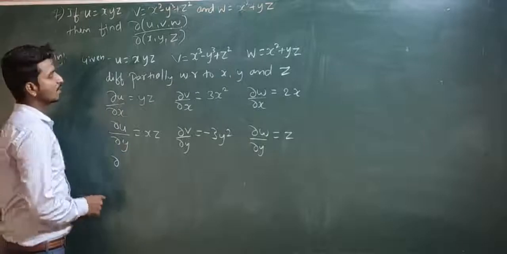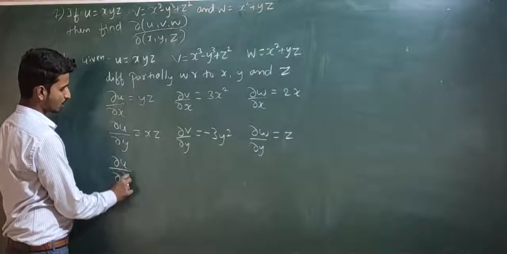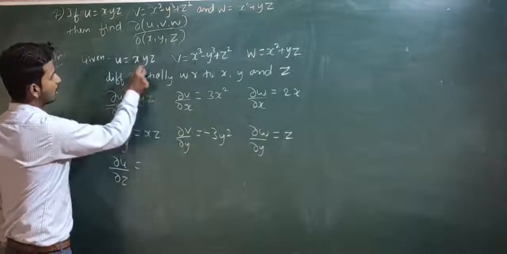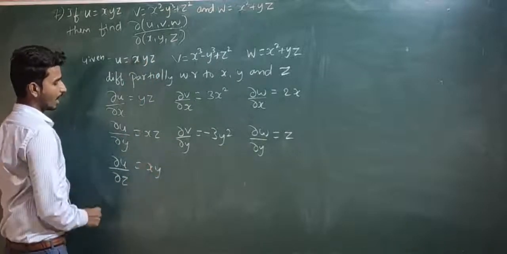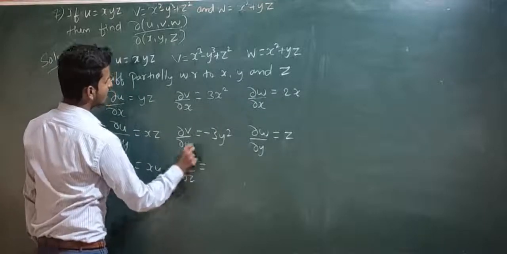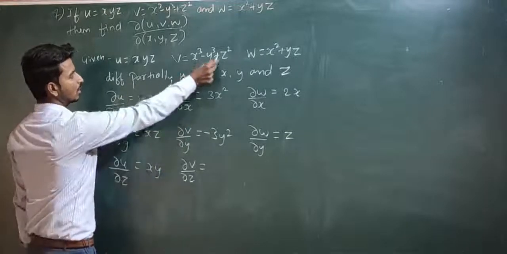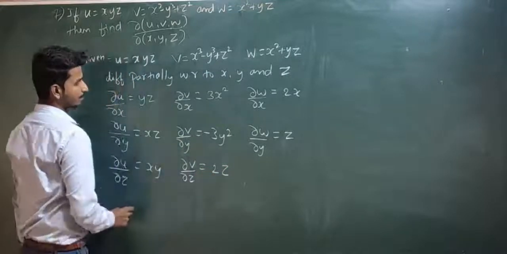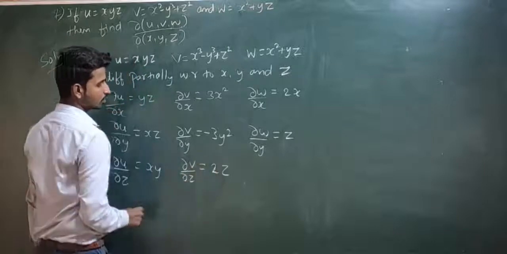Next we will differentiate with respect to z, that is ∂u/∂z. Here we are differentiating with respect to z, so the remaining term is xy. ∂v/∂z, with respect to z, is 2z.